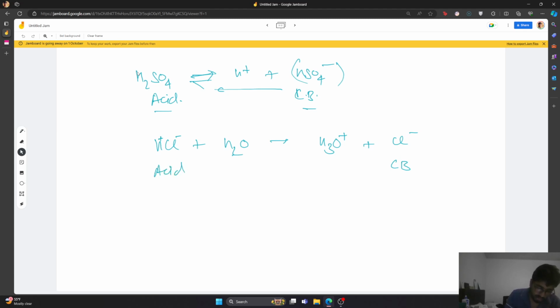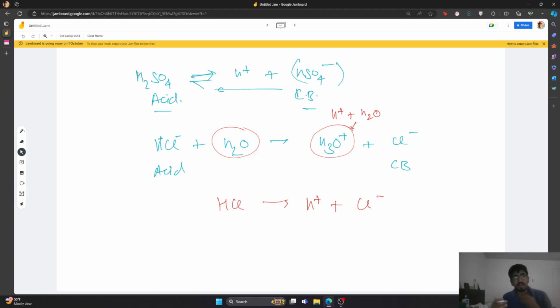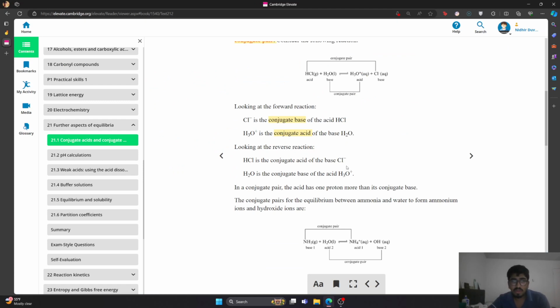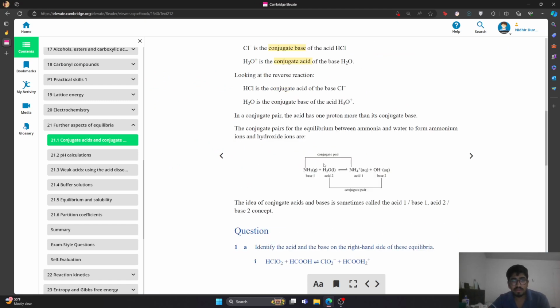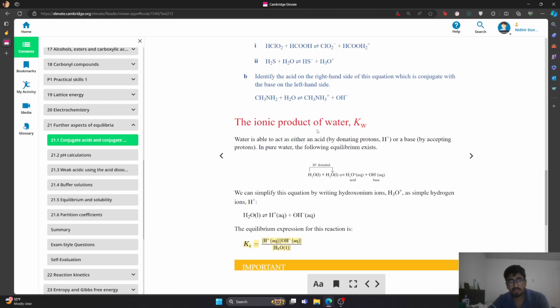Right? The same equation in a way, you can write this as HCl giving H plus and Cl minus. Instead of writing this as H3O plus, you can write it as H plus plus H2O in a way. So just remember this fact. Okay, once you understand that, then yeah, these are the things. Make sure you go through the book to understand things.